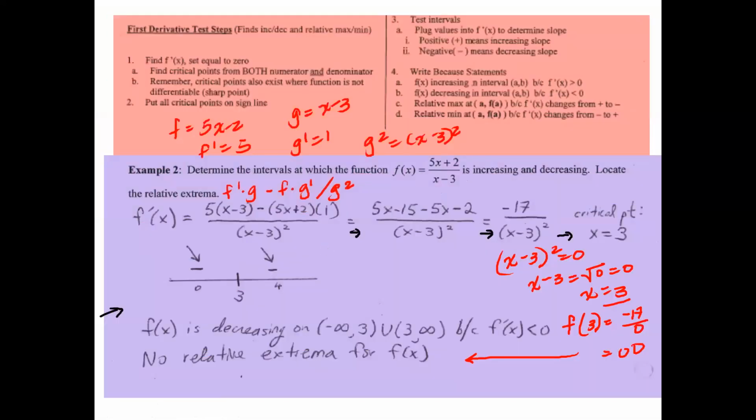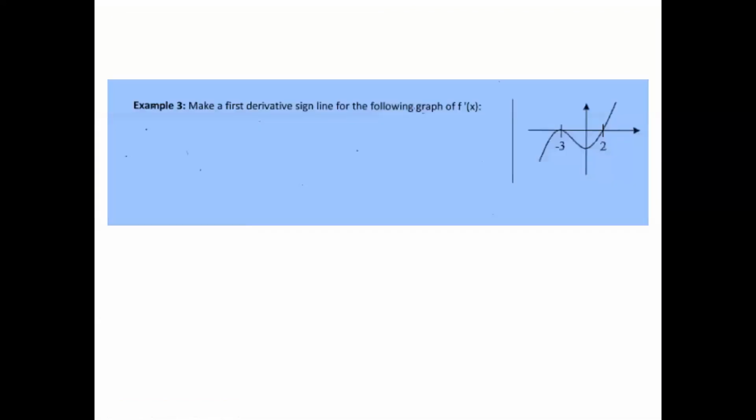Let's go and take a look at example 3. For example 3, it says make a first derivative sign line for the following graph of f prime of x. So this is the f prime of x graph. I know it's been a while since we transferred from f of x to f prime of x.